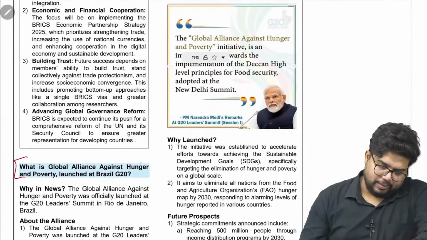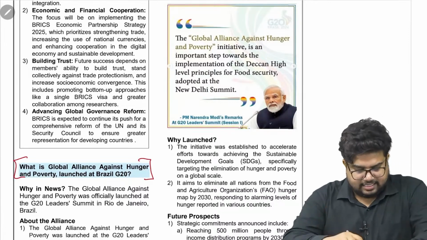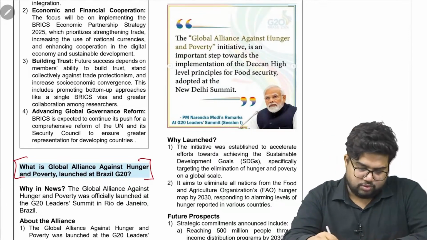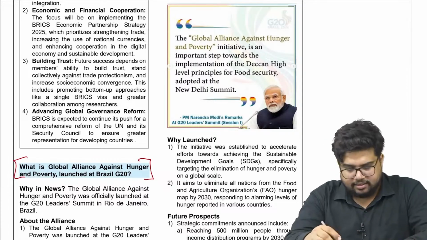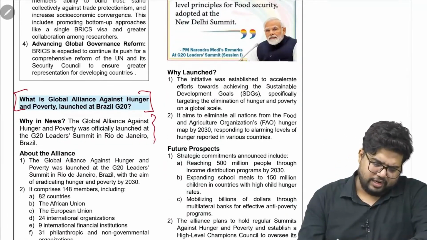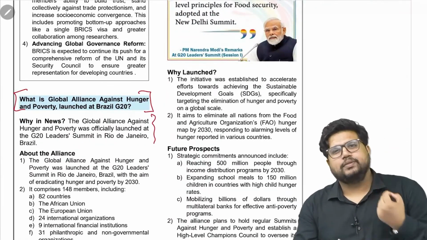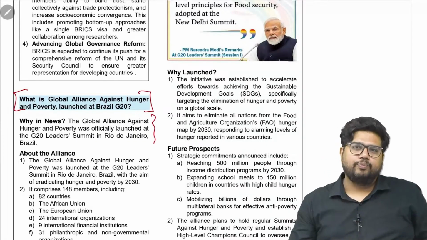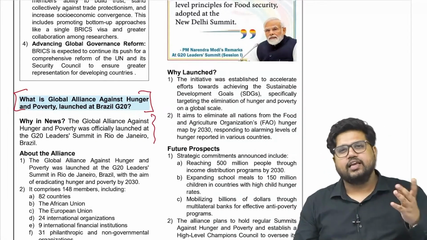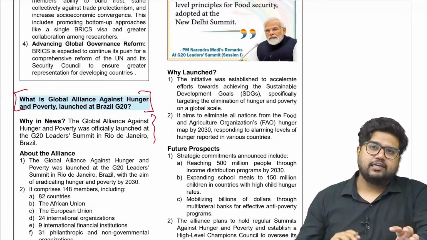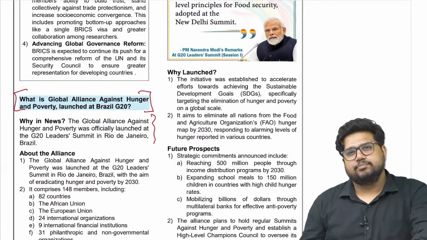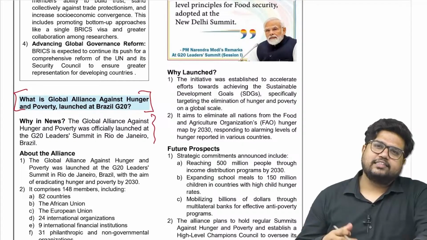Another small topic, that is the Global Alliance Against Hunger and Poverty, which was launched at the Brazil G20. So you can go through the why in news. Again, this is a very specific news. If you look at the UPSC PYQs, we have seen PYQs being asked on themes like climate change and diplomacy, terrorism and diplomacy.